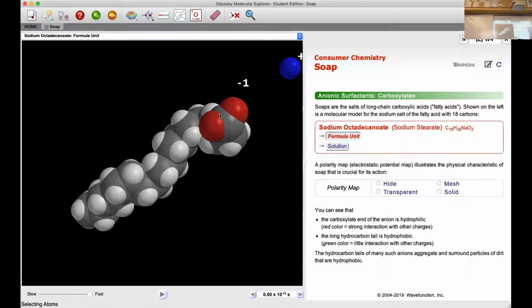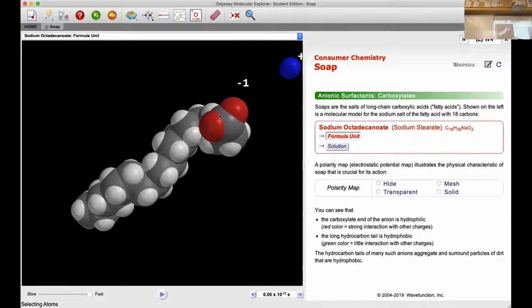Oh, that would make it hydrophilic. And the polar portion of soap is so polar it actually has negative and positive charges. It's called an ion.